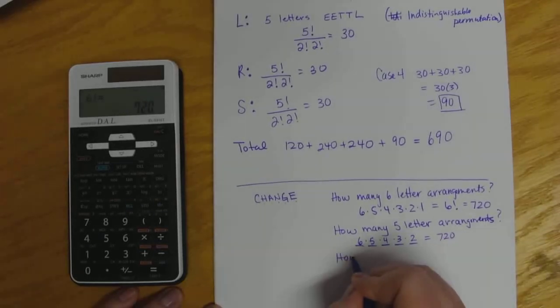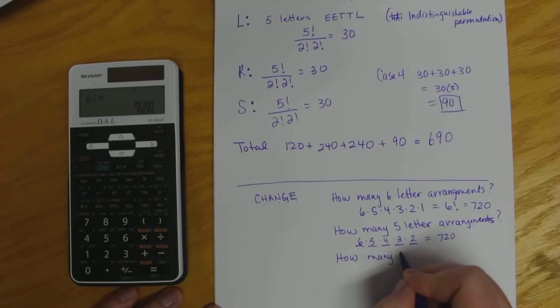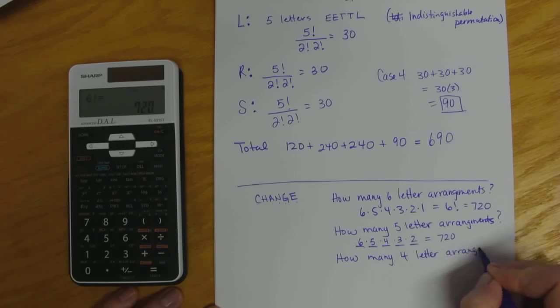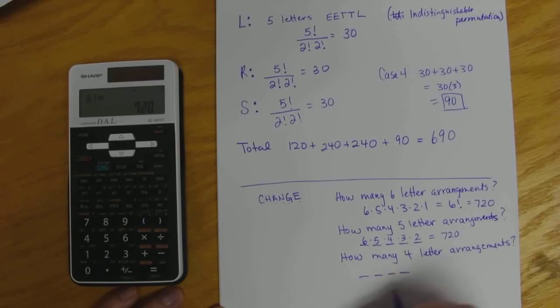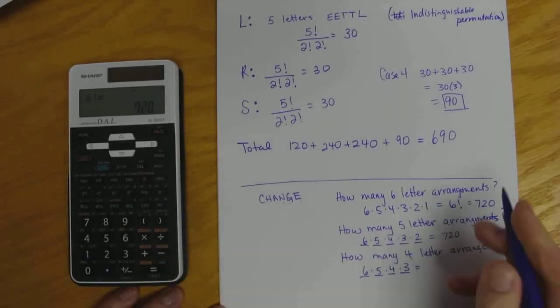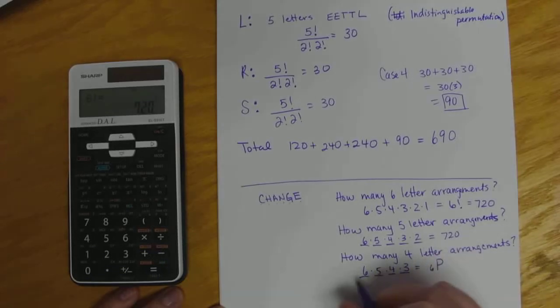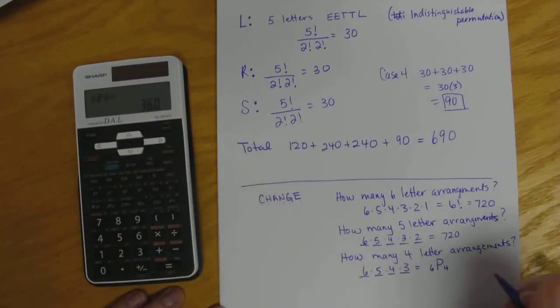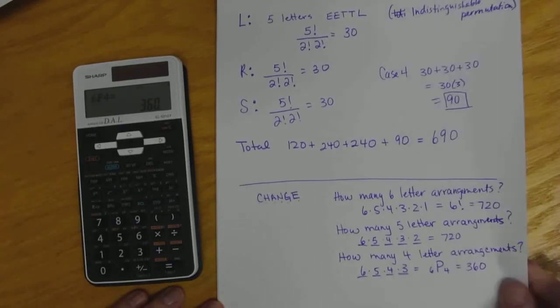What about how many 4-letter arrangements? Four lines, 6, 5, 4, 3, which we could say is 6P4. The numbers go down. We're choosing 4 of those letters to arrange. Okay, and so on.